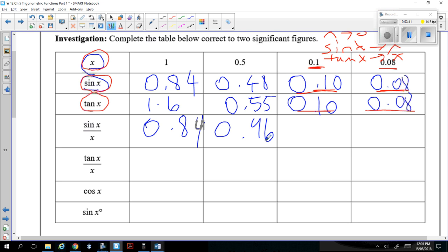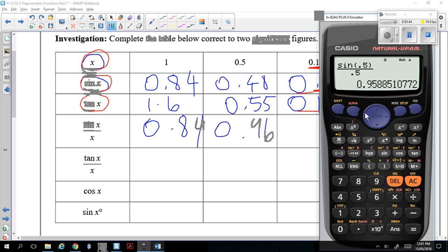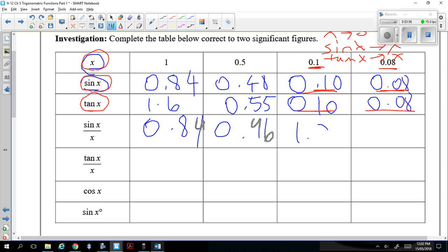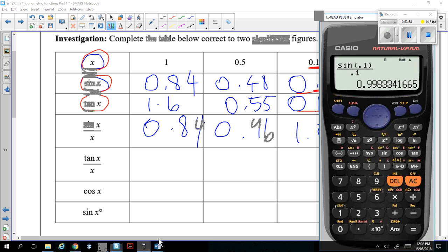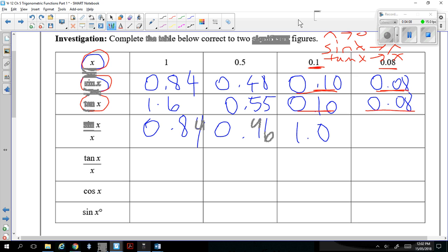And then we're going to continue with 0.1, we get 1.0. And then 0.08, you get 1.0 as well. Okay, so we see sine x over x approaching 1, isn't it? When you divide sine x by x when x approaches 0.